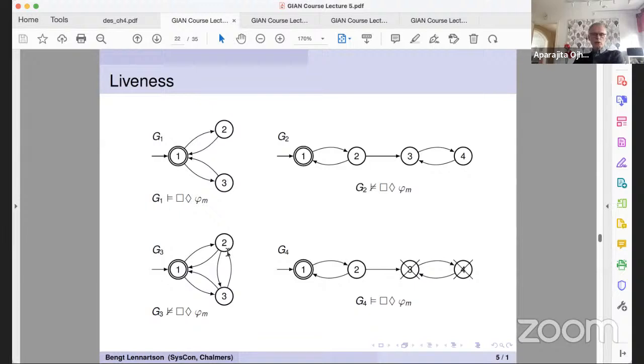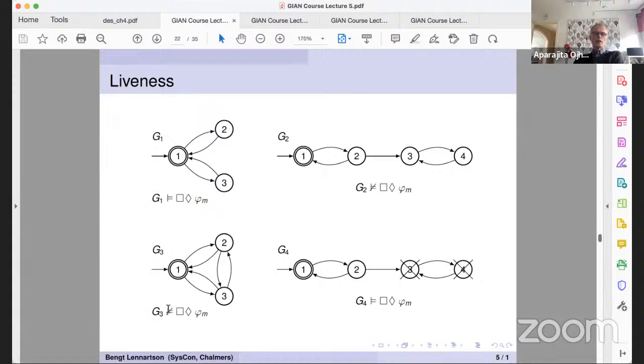Because here you can go around between 2 and 3 forever, actually. So that means that you will not always go back to this marked state. So for this system, this always, eventually, phi m is not true, because this must be satisfied for all states and all sequences, because it's an LTL expression.